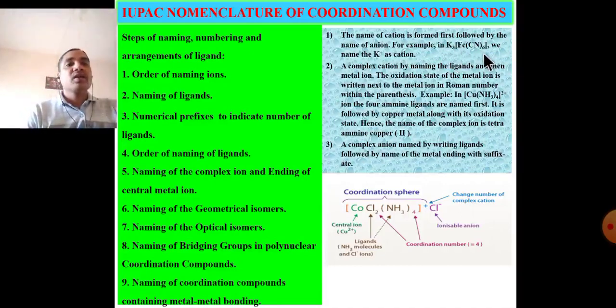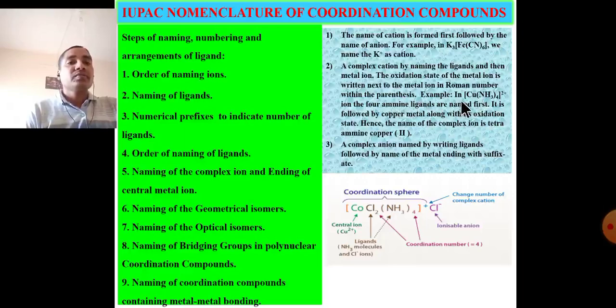Potassium hexacyanoferrate. Because this complex is negative, the metal name changes to ferrate. A complex cation is named by naming the ligands and then the metal ion. The oxidation state of the metal ion is written next to the metal ion in Roman numerals within parentheses.